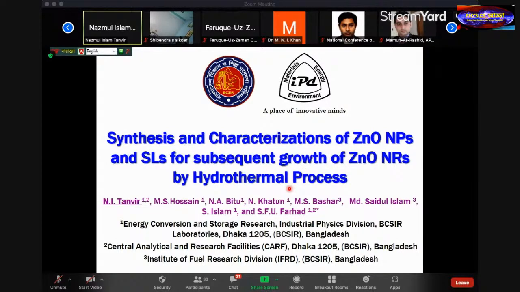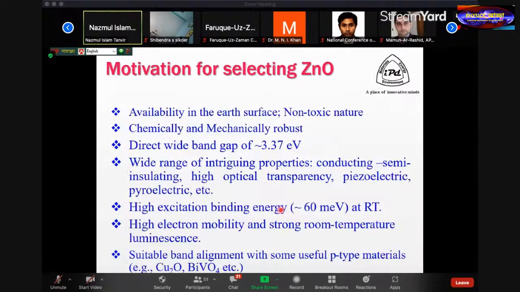Before I go to the actual presentation, I would like to say a little about the motivation of our present work. We choose zinc oxide as an electron conducting layer for two different applications because zinc oxide has nice and promising optoelectronic properties.